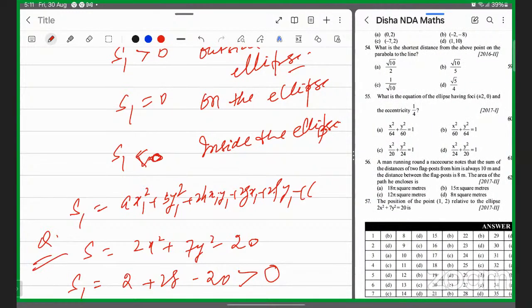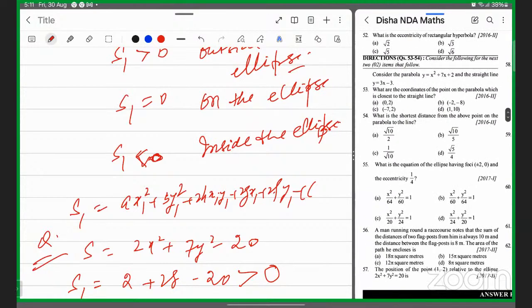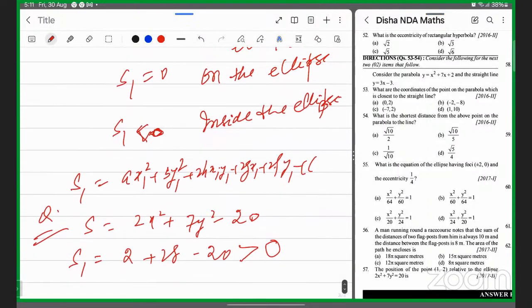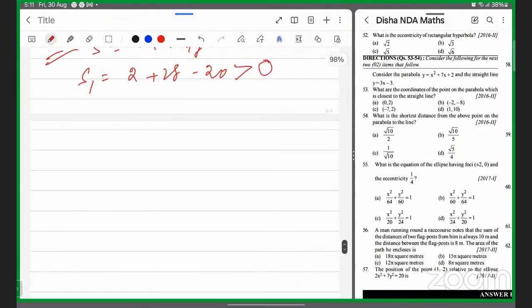56B, no problem. Now solve 55. Good question. The equation has a equal to 2 and eccentricity 1 by 4.